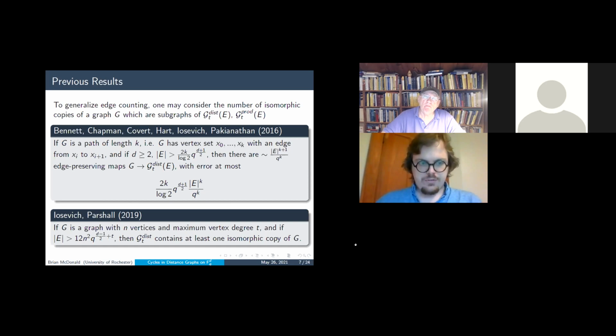But yeah, so one thing to note in the first of these theorems is that the exponent (d+1)/2 is in some sense sharp.